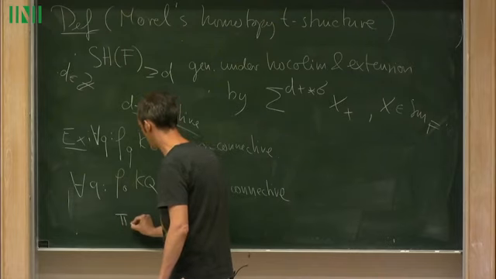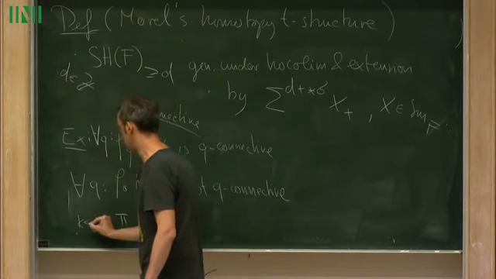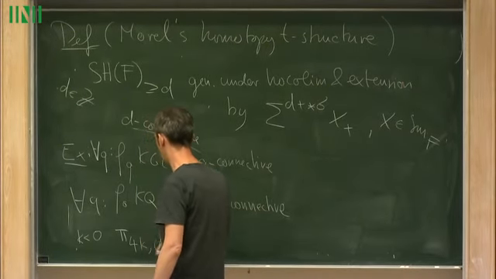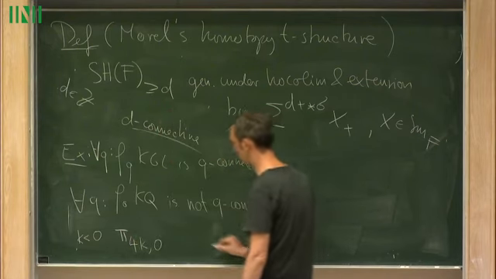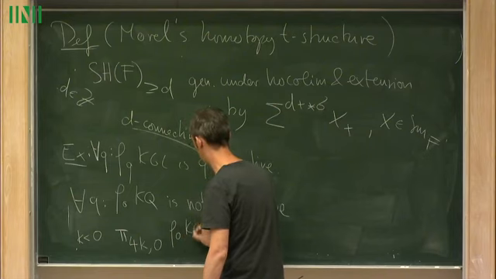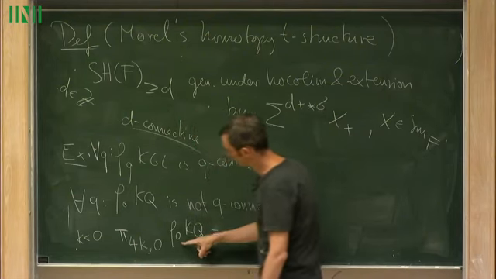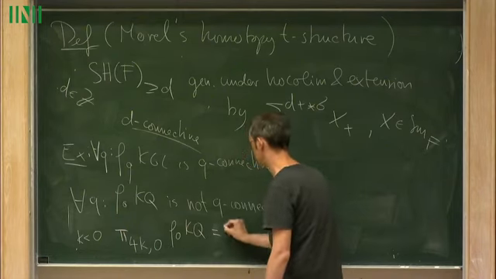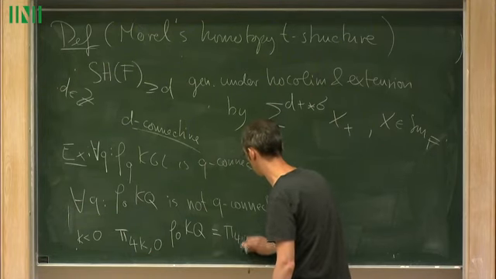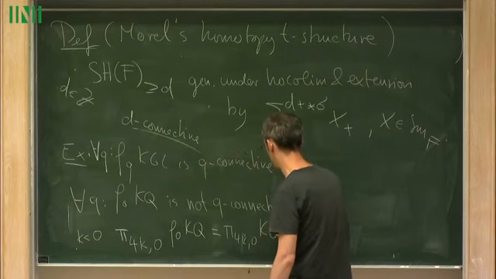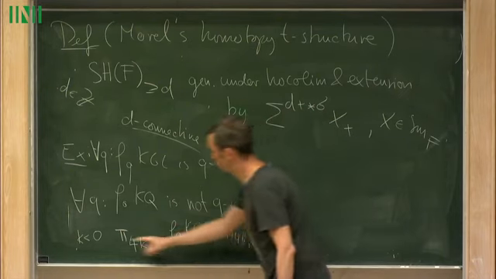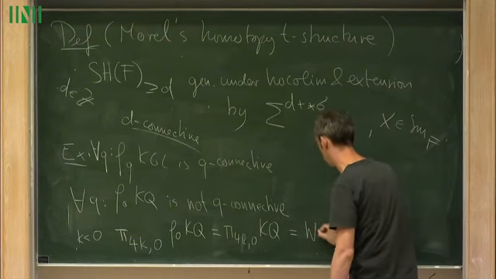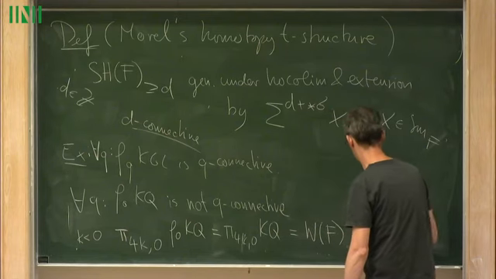So if we look at some integer k less than 0 and we take pi 4k, 0 of the zeroth effective cover, this corresponds to this here by definition, and if k is less than 0, we are in a range where this corresponds to Witt groups.